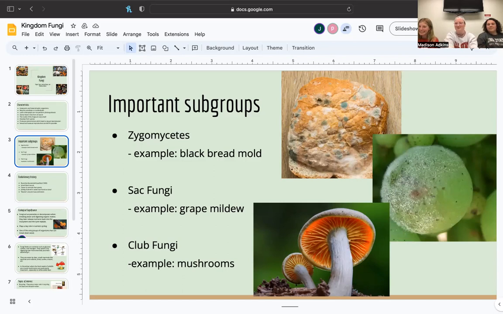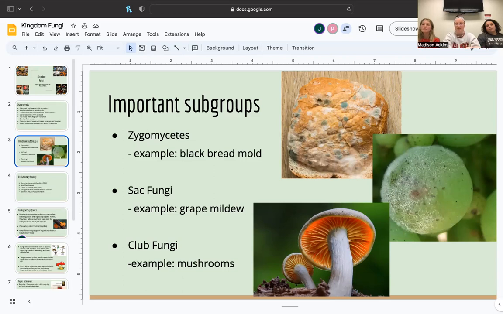Our last phylum is club fungi, also called Basidiomycota. They are characterized by their club-like reproductive organ called basidia.